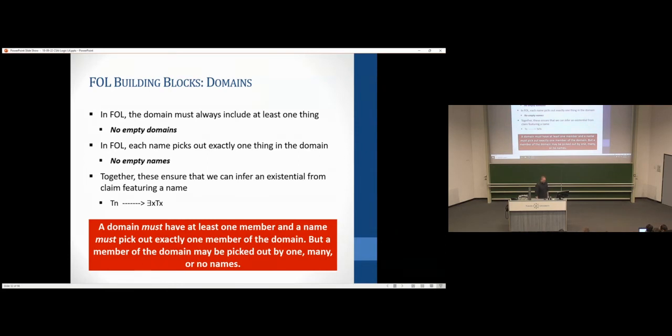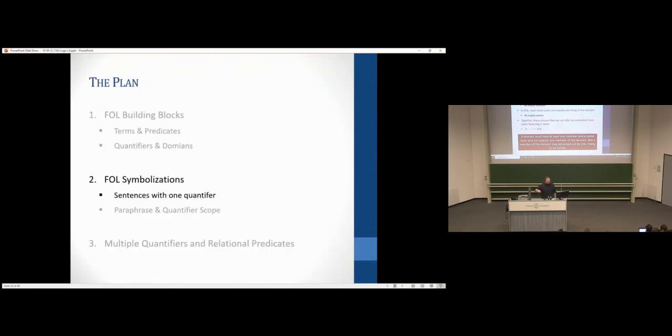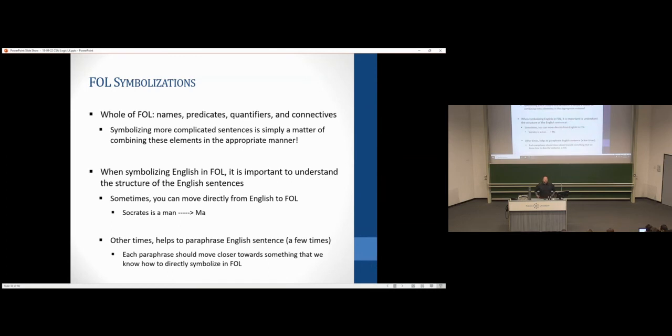Awesome. Okay. So let's talk about FOL symbolizing. That's all the stuff we need. Let's talk about some basics for symbolizing English into FOL. The whole of our logic is going to be the names, predicates, quantifiers, and connectives.